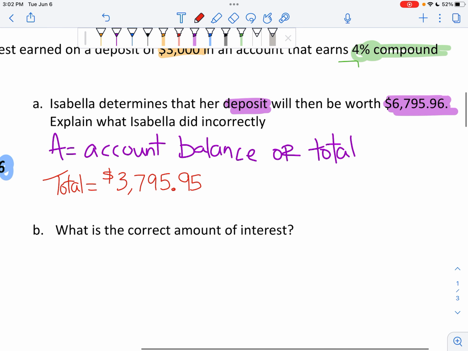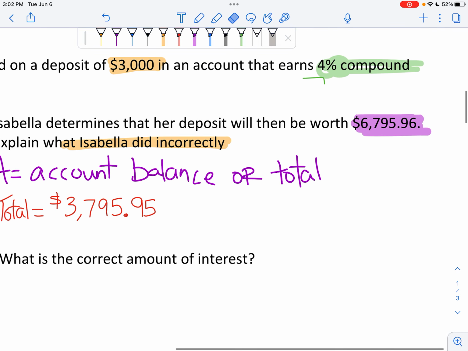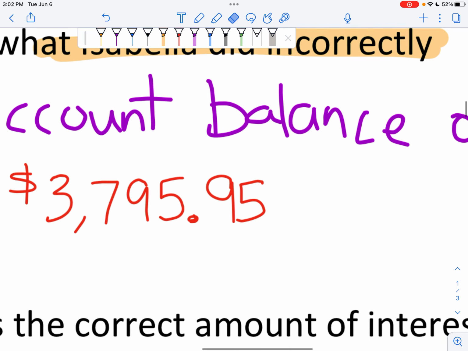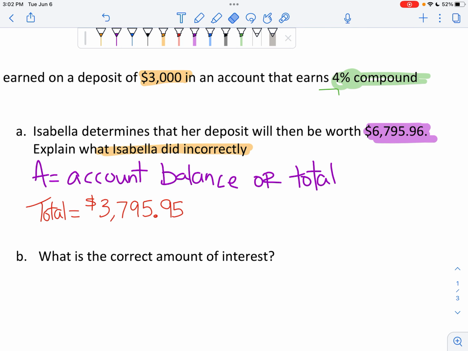Okay, so what did she do wrong? Right. What did she do wrong? How did she get the number $6,795.96 when the answer was supposed to be $3,795.95?